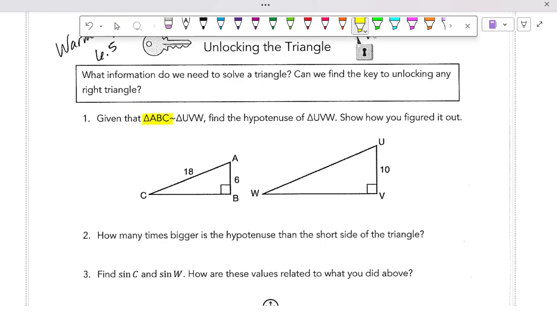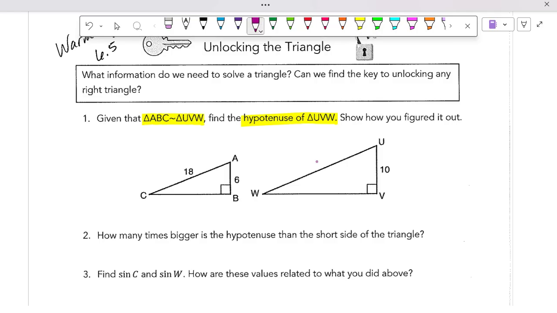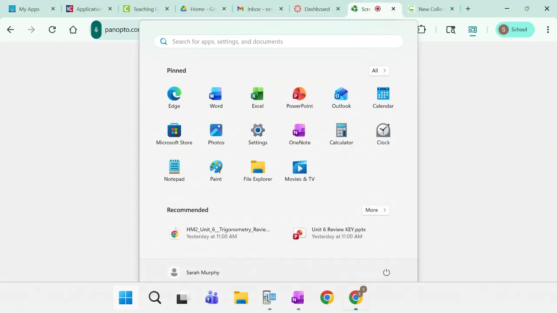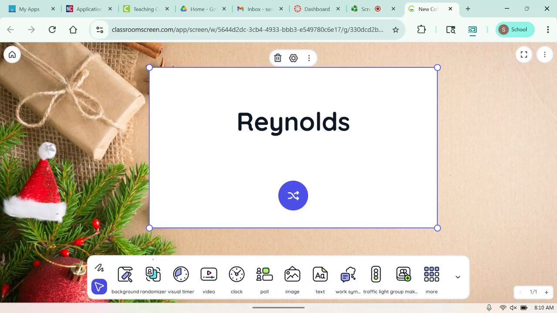Given that ABC is similar to UVW, they want us to find the hypotenuse of UVW. So what side length would that be of UVW? WU. So we're going to call this X. All right, so let's go with Reynolds.